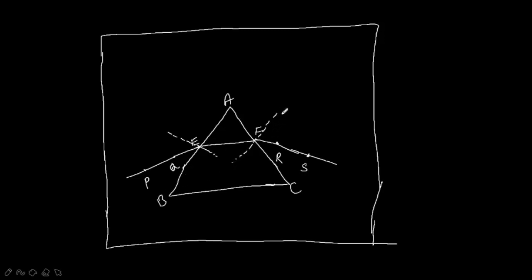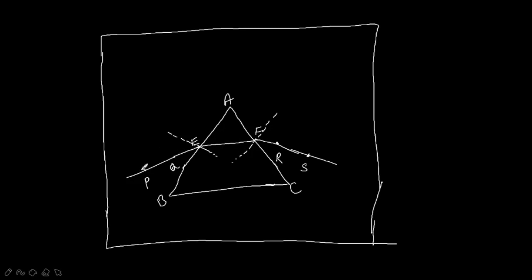A normal is an imaginary perpendicular line to the face, whether it is a refracting face or a reflecting face. And then here we have to identify the angle of incidence and the angle of refraction. Clear?